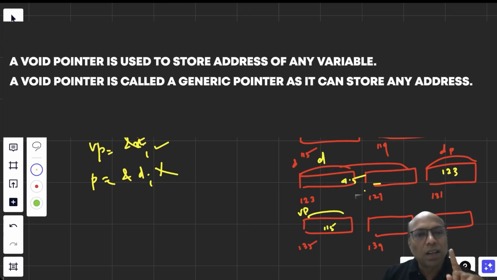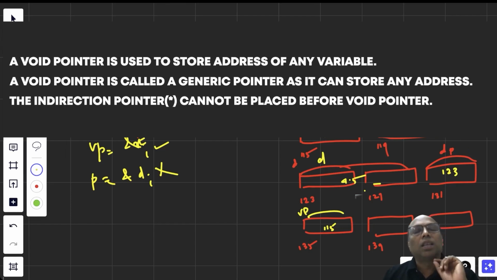But the condition is that the indirection operator cannot be applied before the void pointer. What do I mean by this? If I print P, I get 115.